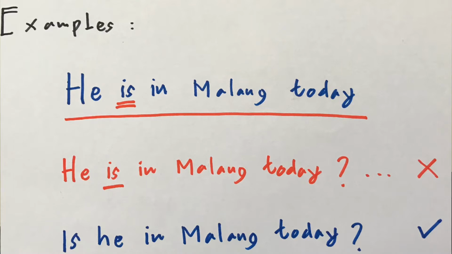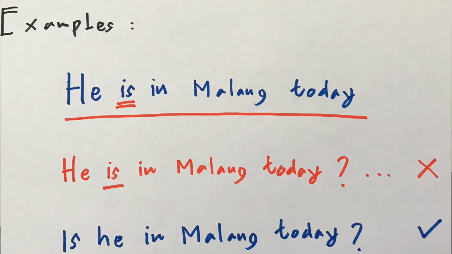They sometimes make, he is in Malang today. That's the incorrect example of yes-no question. The correct example should be, is he in Malang today? We use to be, is.